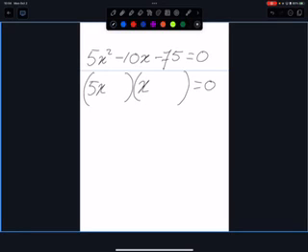75 would equal 3 and 25. I think it's leaning more towards 3 and 25. Going to get minus 10. 25 times 15, yes.